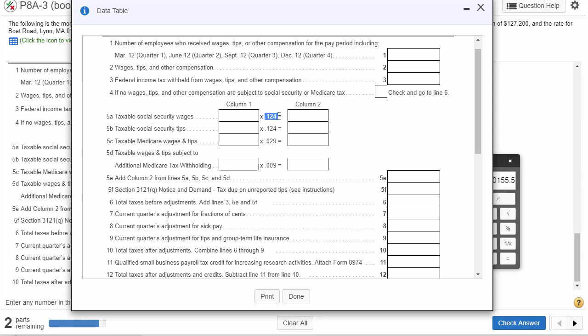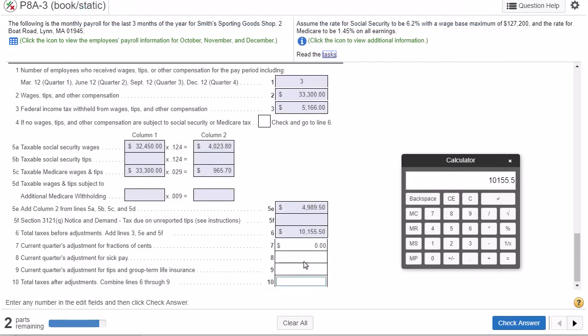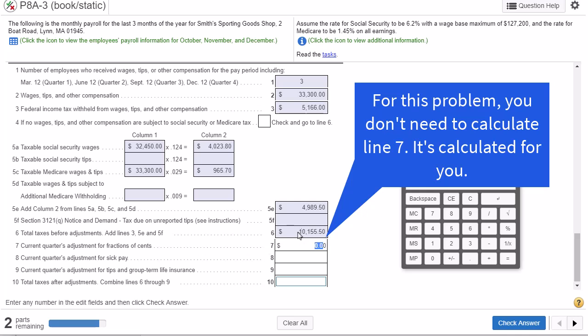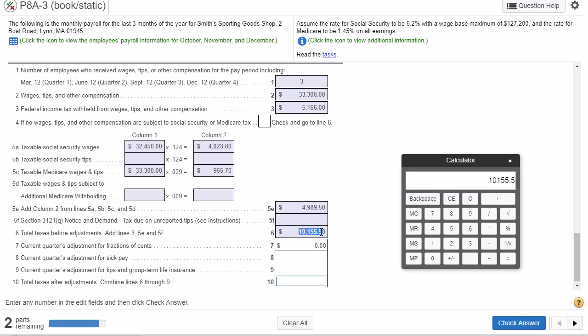So notice here for OASDI, we calculated it and rounded once, and then down here for Medicare, we calculated and rounded once. So when you get to the payroll project, what you're going to put here in line 7, current quarter's adjustments for fractions of cents, is the difference between what you owe, line 6, and what you paid, line 13.